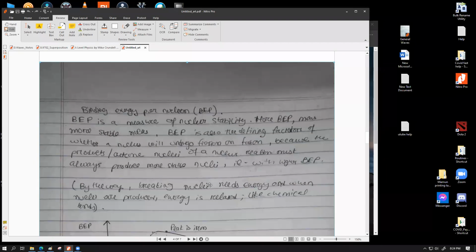Yes, Rafid, go ahead. Sorry, I was confused here. Like in AS, we read about a strong force and a weak force. So, এটার সাথে কি somehow binding energy are related? They are related, definitely. Because strong force and weak force are the two fundamental forces of nature as well.